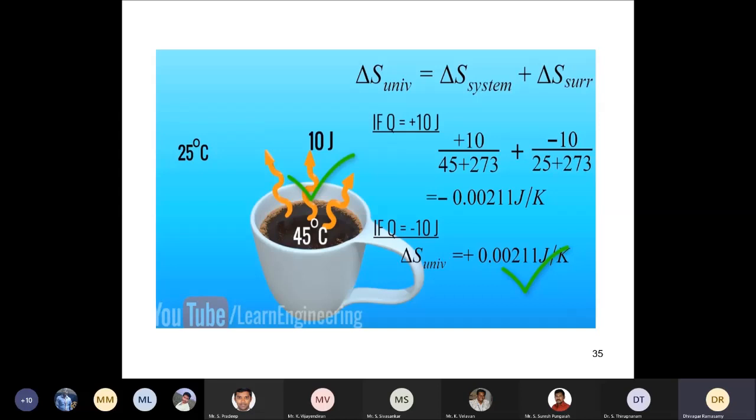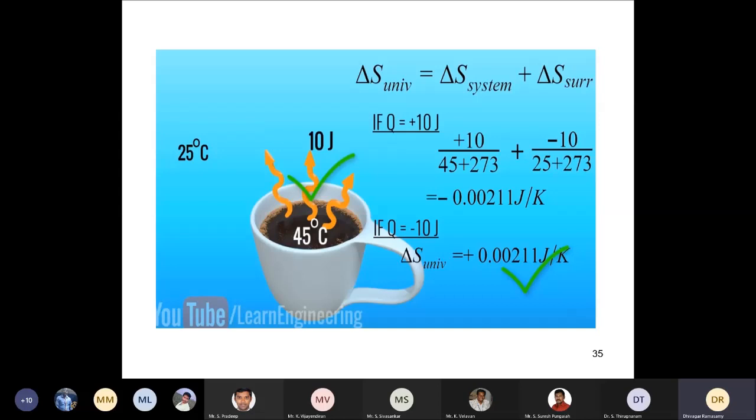Finally the equation becomes plus 0.00211 joule per Kelvin. So the minus value will not happen. Practically it is not possible. This positive value will be possible. So from the coffee cup, heat is transferred to the atmosphere. It is not at all gaining heat from the atmosphere.